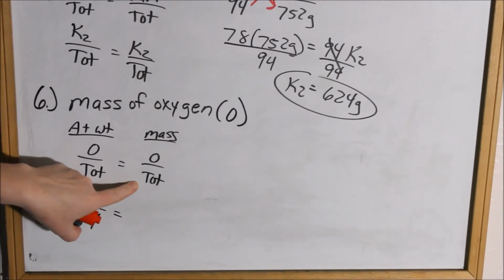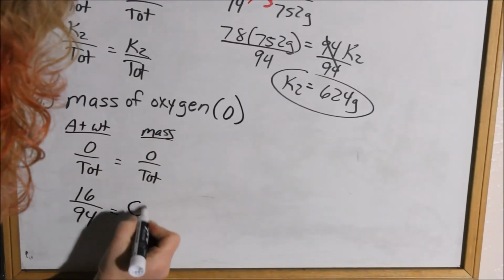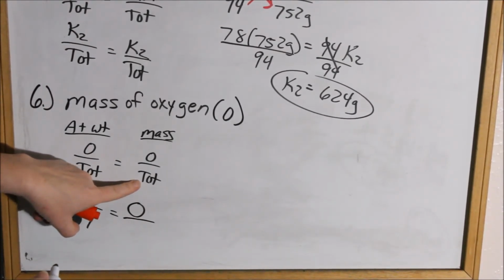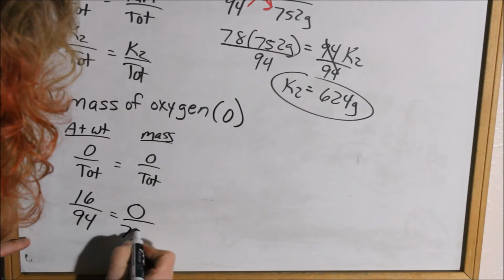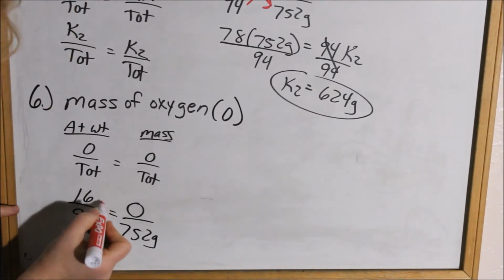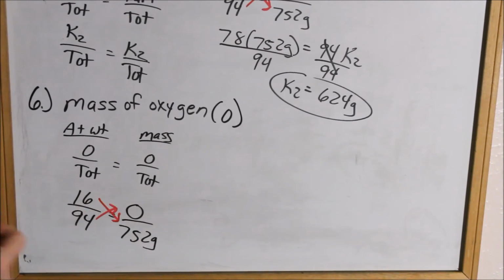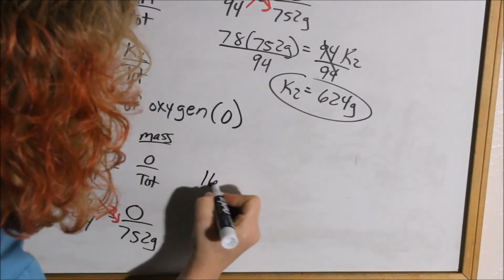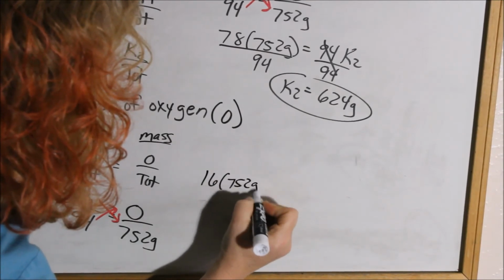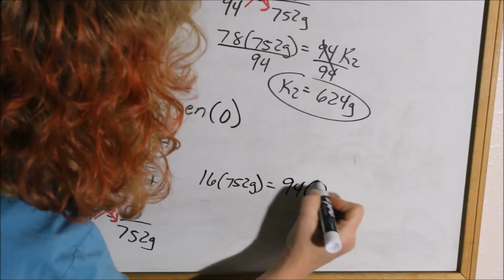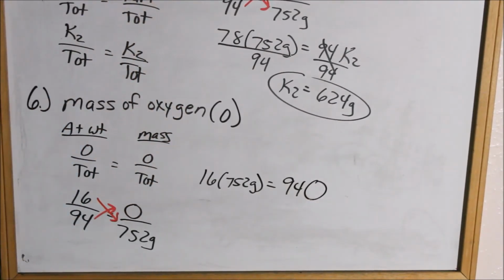Now let's go to the mass information. I don't know the mass of oxygen, that's what I'm trying to find. That's my unknown. The total mass of the compound is 752 grams. We can use cross multiplication to solve this. Cross multiplication means 16 times 752 grams on one side of the equal sign, 94 times oxygen, and that almost looks like a 0.